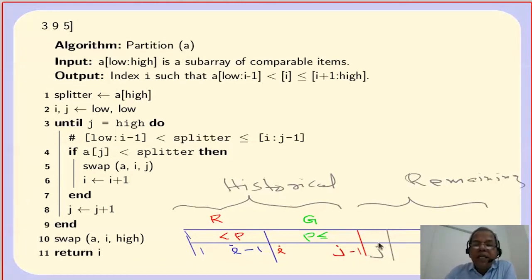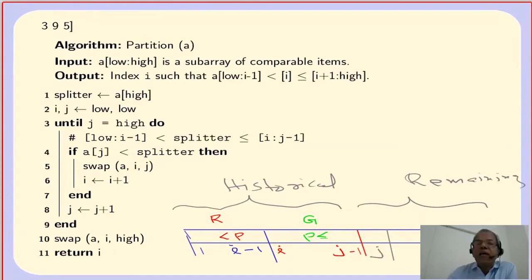I want to maintain this loop invariant. 1 to i minus 1 should always be less than the pivot, i to j minus 1 should always be greater than or equal to p, and I also want to grow it. So as explained, there are only 2 cases.